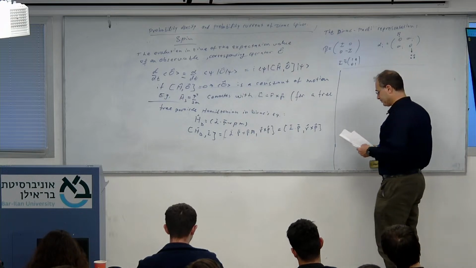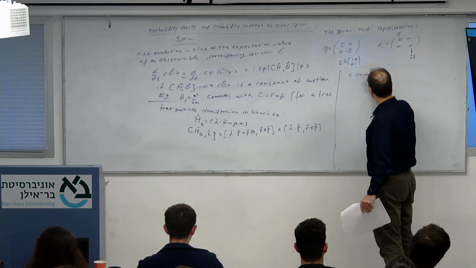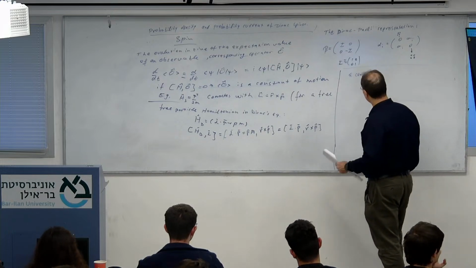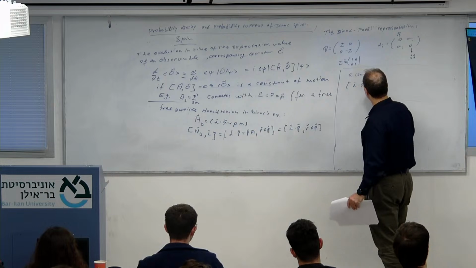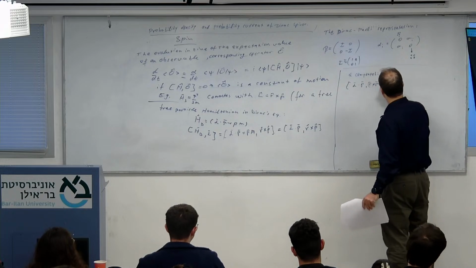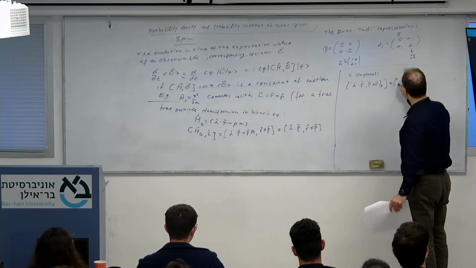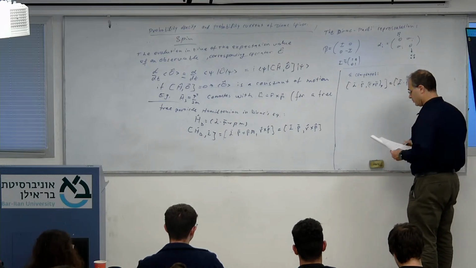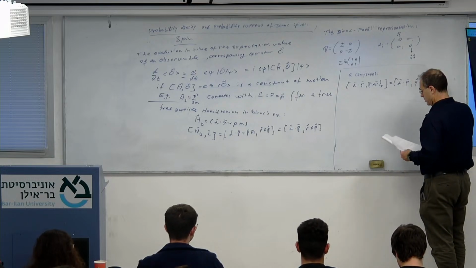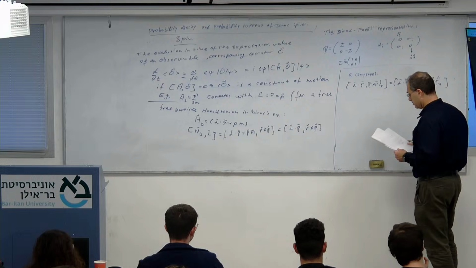Now, let's see. I'm going to take the X component. So, alpha dot p commuting with the x component of R cross p. This is alpha dot p commuting with y pz minus z py.